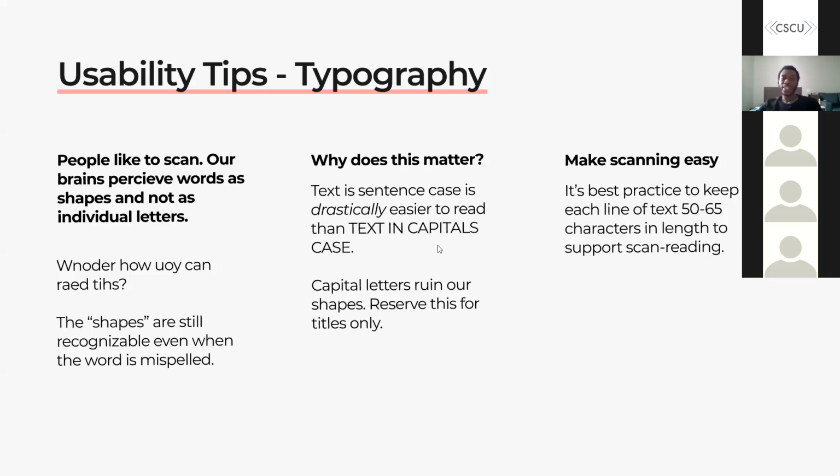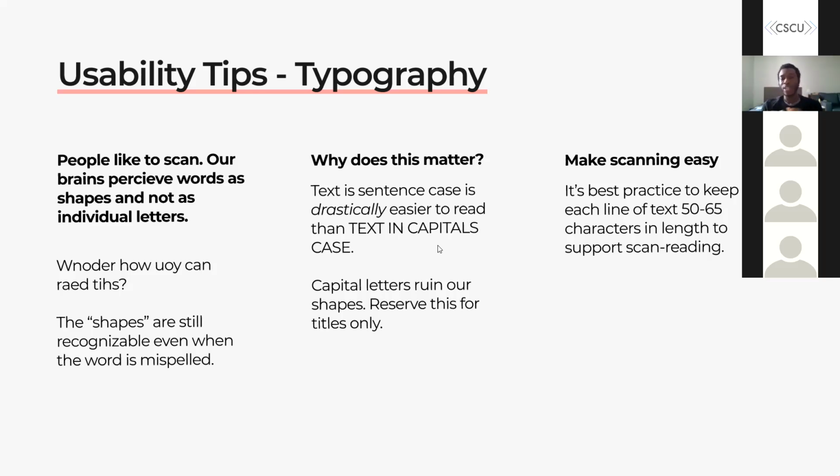So it's drastically better to put text in sentence case, as in the capital letter only exists at the beginning of the sentence and everything else is lowercase. It's way easier to read than text in capitals, because when you put text in capitals, the shape is just a box. Every word has the same shape now. So your mind has to actually read the text.